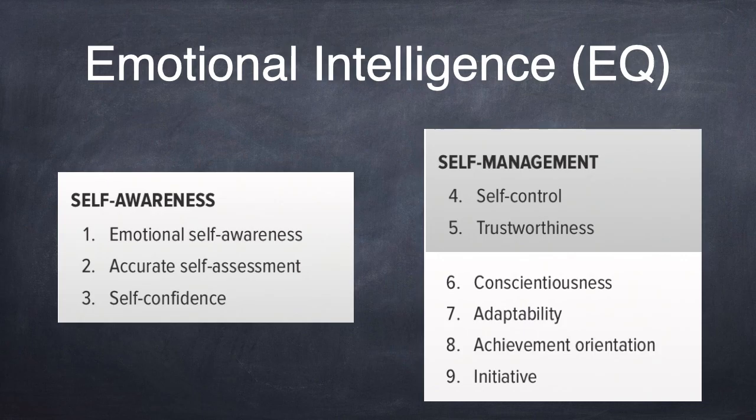Think about trustworthiness in the sense of other people having to perceive you as being trustworthy. Also, your conscientiousness, adaptability, how much you are oriented towards your achievements or your goals, and the initiative that you're willing to take. So you have two components of your emotional intelligence: self-awareness and self-management.